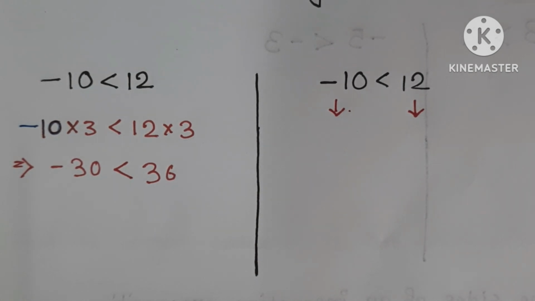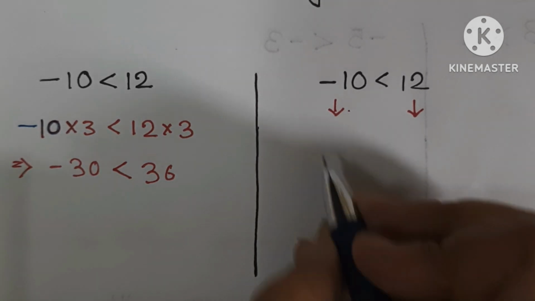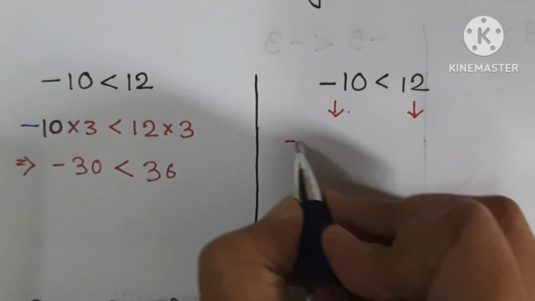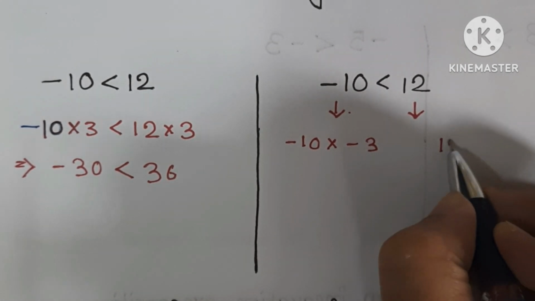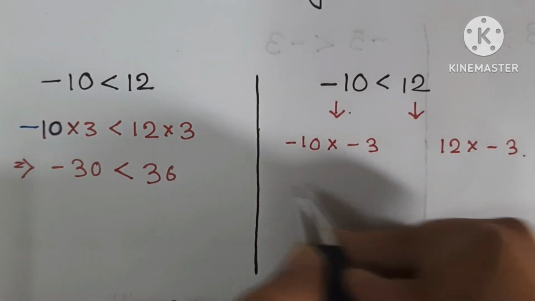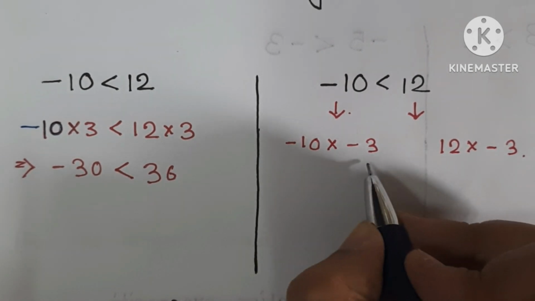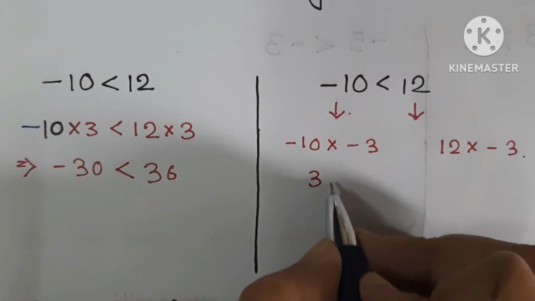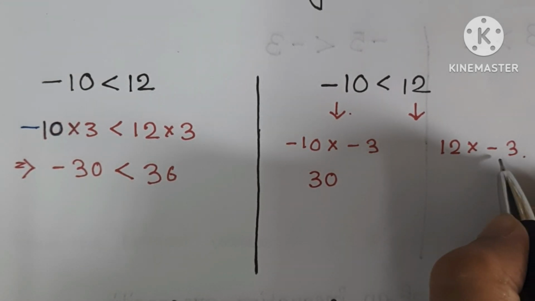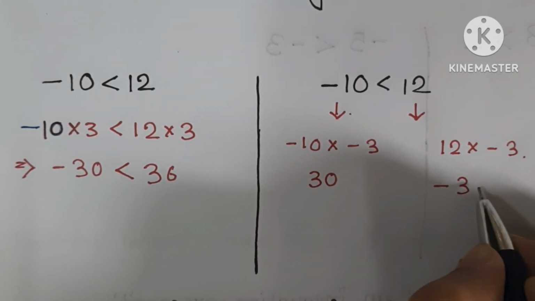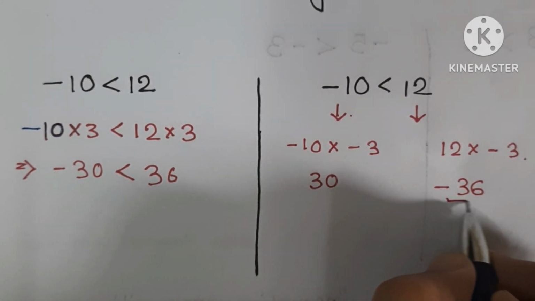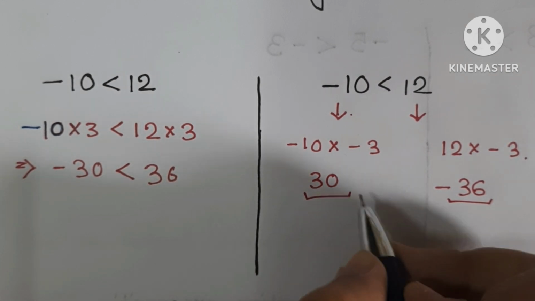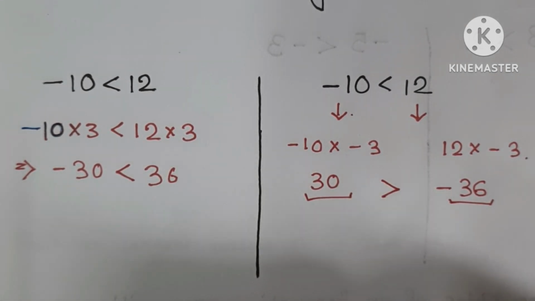But if you multiply both sides by the same negative number, what will happen? See, minus 10 into minus 3 gives you 30, and 12 into minus 3 gives you minus 36. Now minus 36 is less than 30, that means 30 is greater than minus 36.